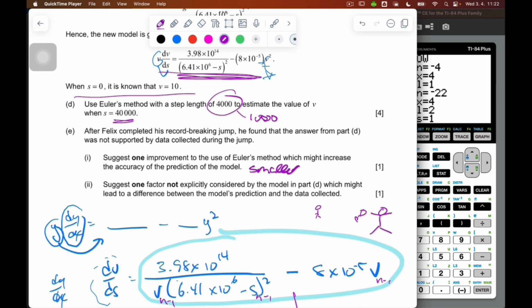His body position will definitely change the path. We also haven't considered wind. As he goes down, there are different wind currents on different layers of the atmosphere. We're also assuming that it's a perfect initial speed. We are assuming the path is directly downwards, which isn't true. So there are lots of different reasons we could give here.